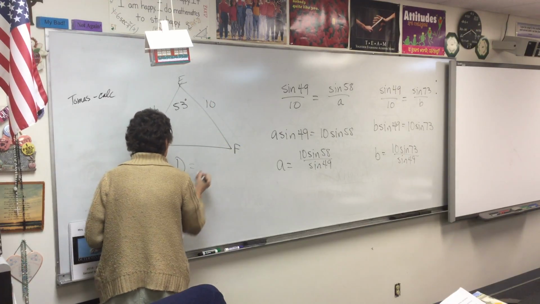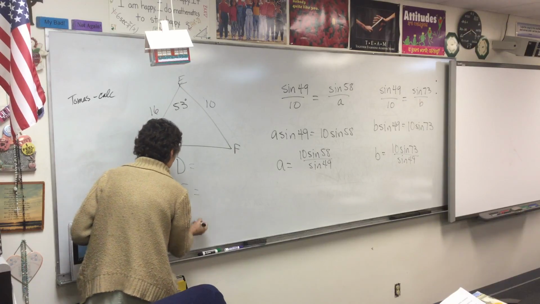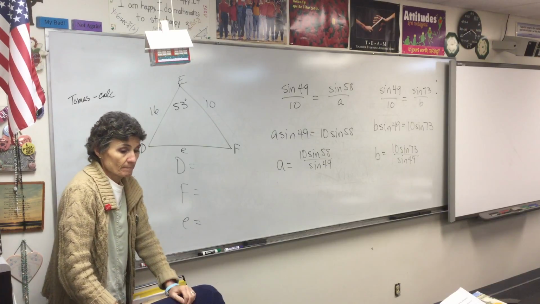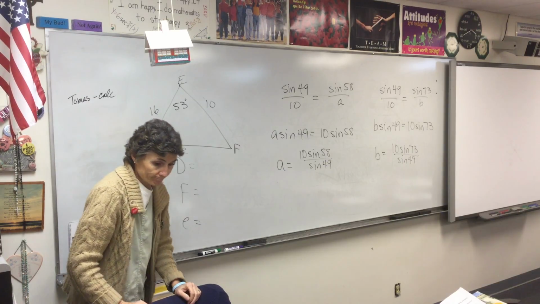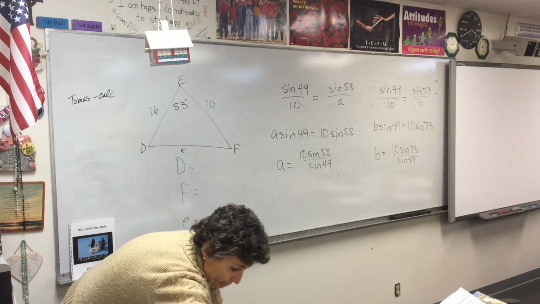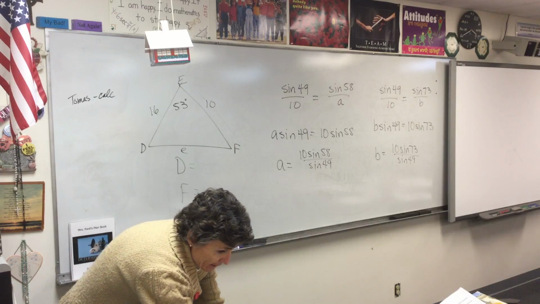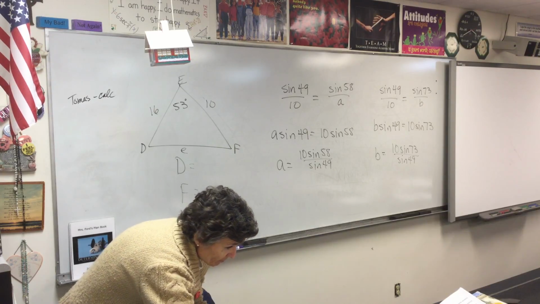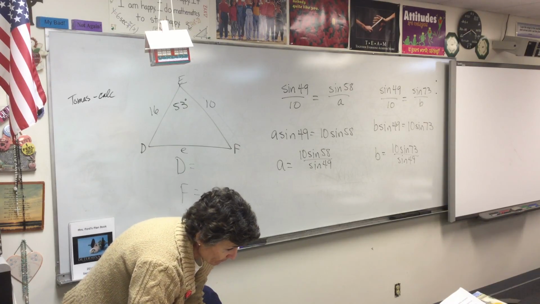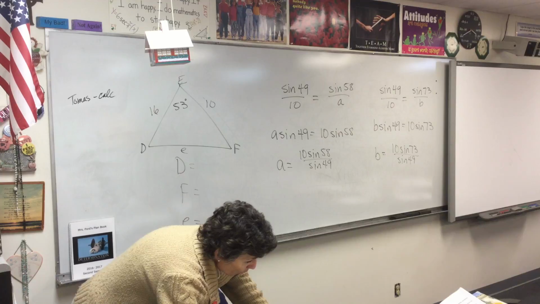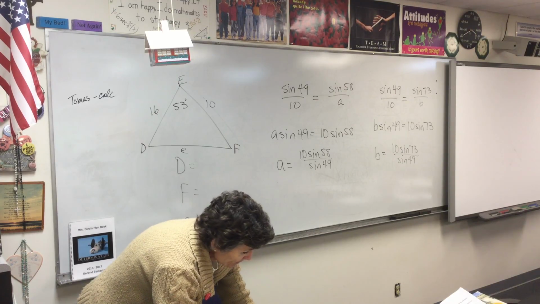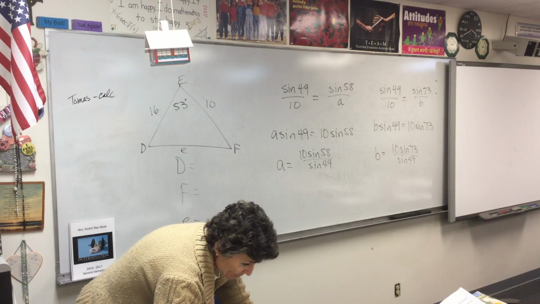So we need angle D, angle F, and side E. Anybody have a thought on this? Law of cosines. Why are we thinking law of cosines? Because I don't have a pair. Very good.